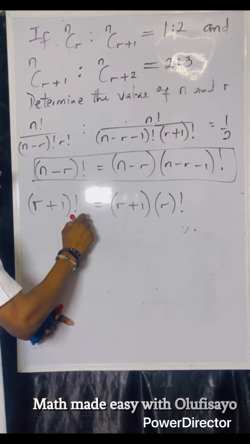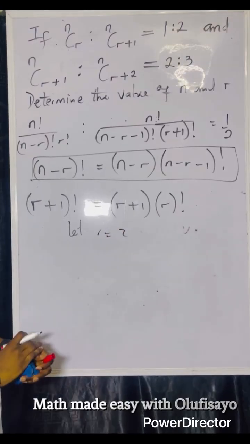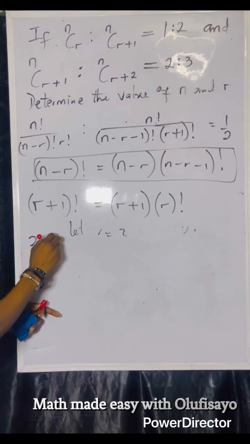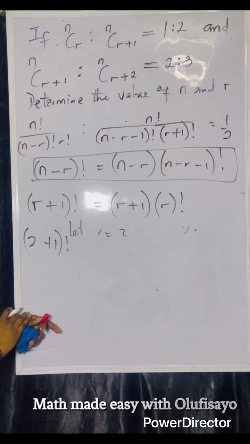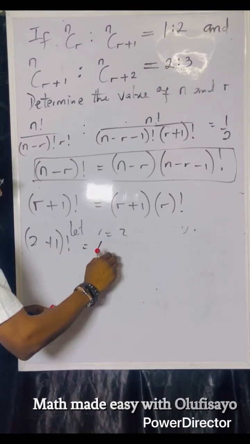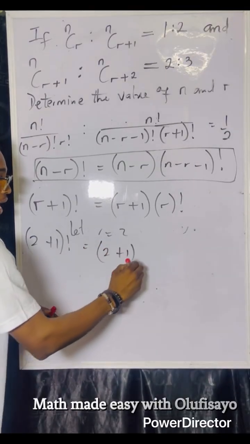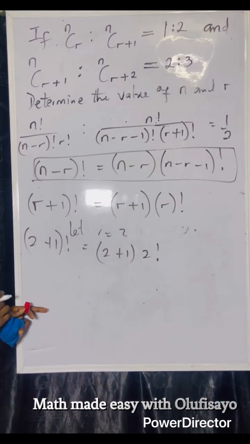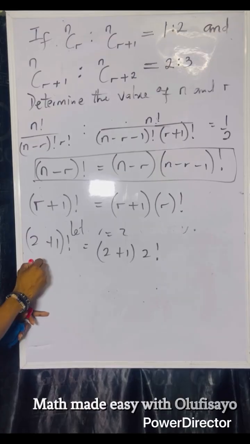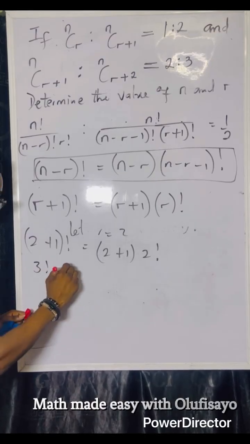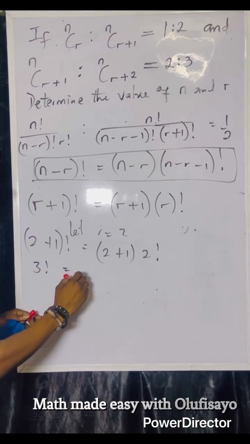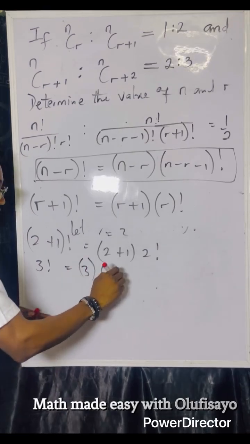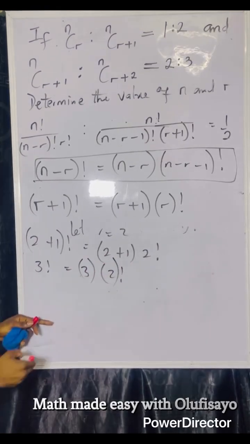Let r equal 2. That is 2 plus 1 factorial equals 2 plus 1, then 2 factorial. Now 2 plus 1 will give us 3, that is 3 factorial equals 3 multiplied by 2 factorial.